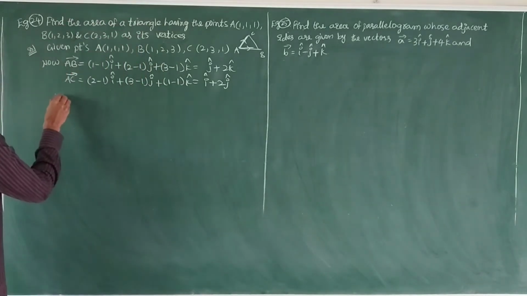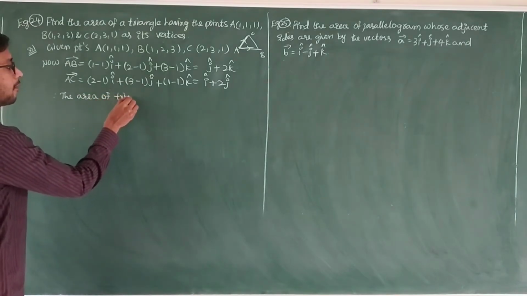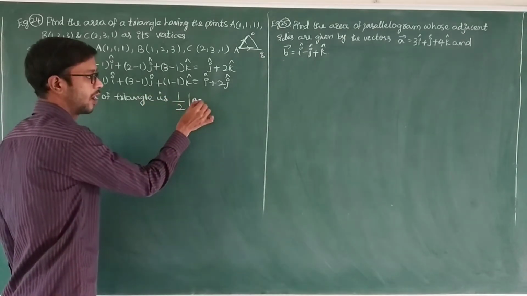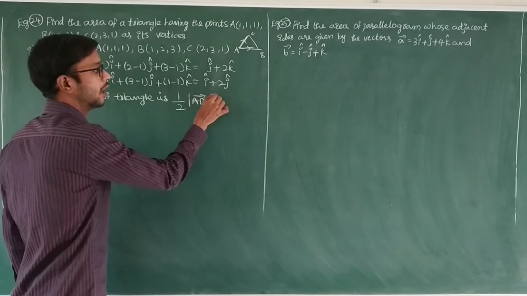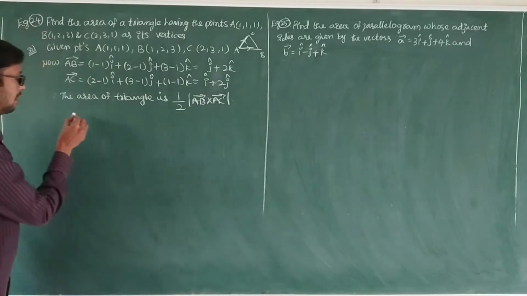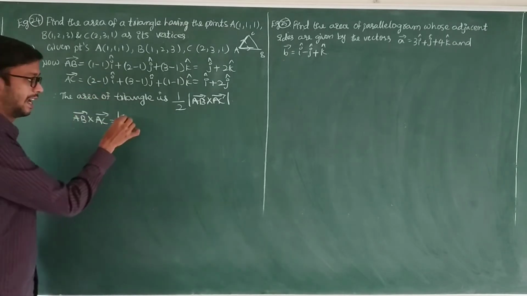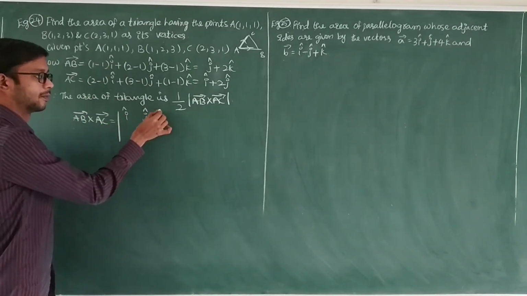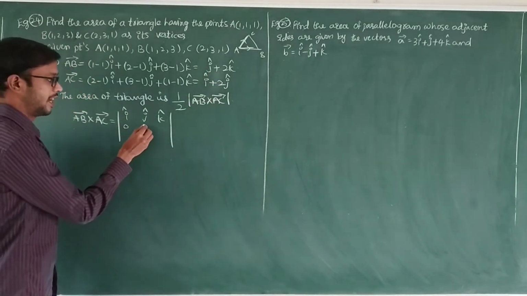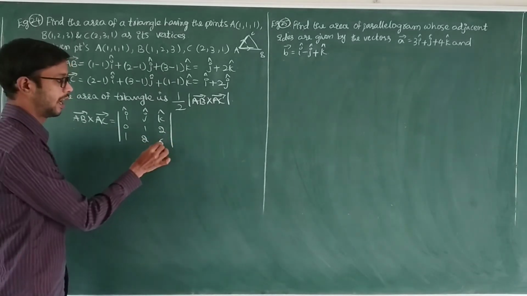Now the area of the triangle is 1 by 2 magnitude of the two adjacent sides, AB bar cross AC bar. So first we have to find AB bar cross AC bar, which is the determinant of i cap, j cap, k cap; AB coefficients: i is 0, j is 1, k is 2; AC coefficients: i is 1, j is 2, k is 0.